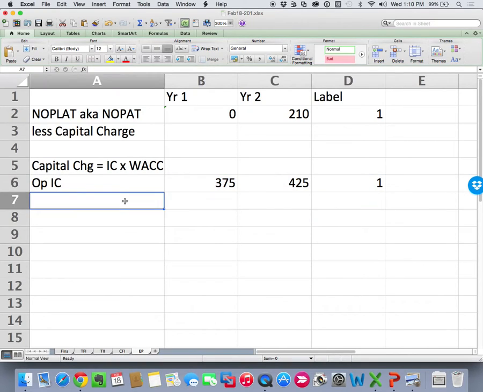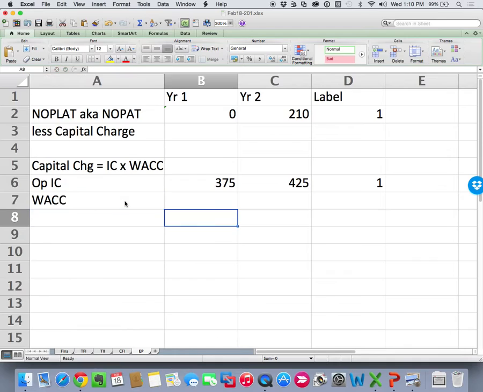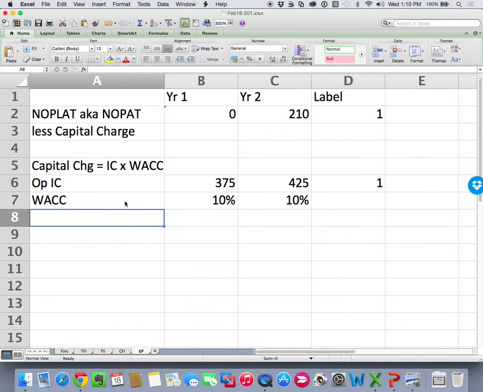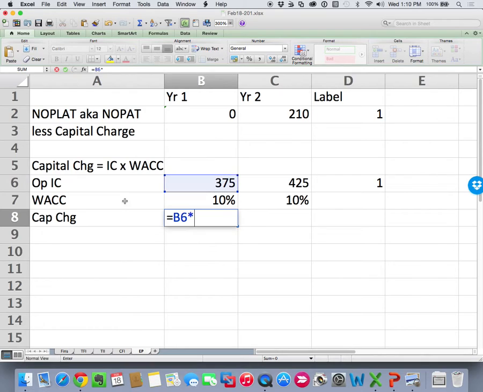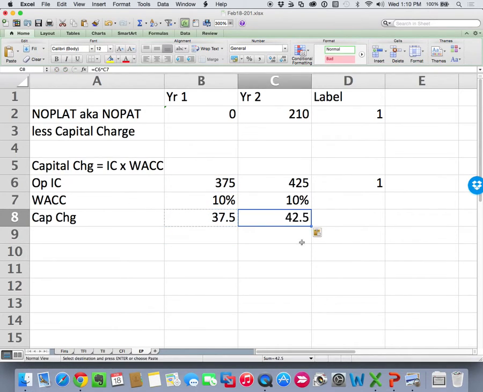And what is my WACC? It's 10%. So what is my capital charge? Equals 10% of 375, 10% of 425. That is called capital charge.